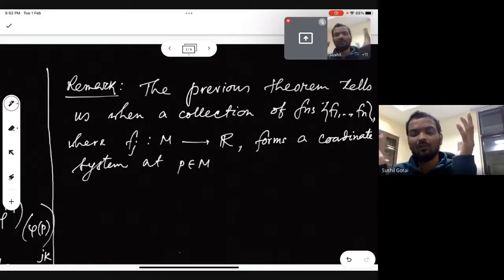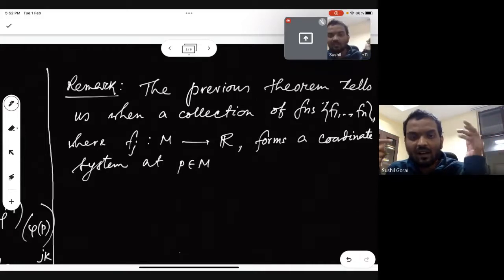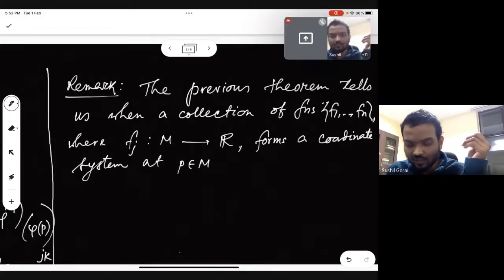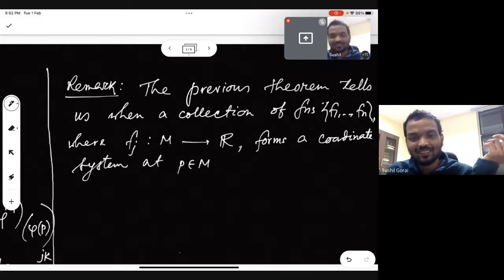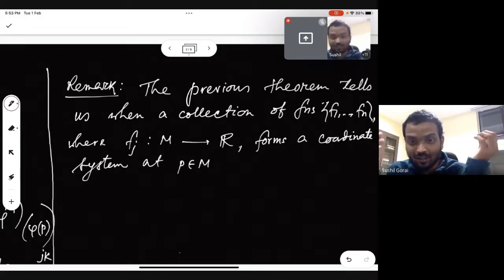So if you have a manifold M of dimension n, and you have n many functions f1, f2, ..., fn, and you want to ask whether they form a coordinate system, what do you need to check? You need to check whether the Jacobian determinant is non-zero. That gives you a good enough argument to see that those functions form a local coordinate system.